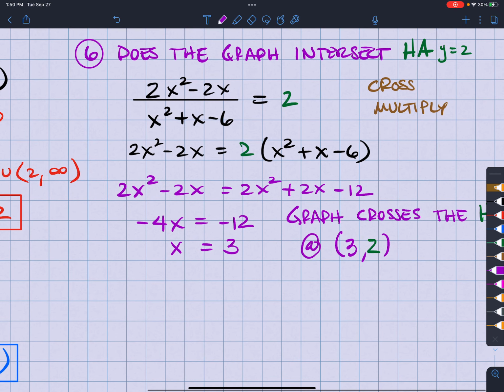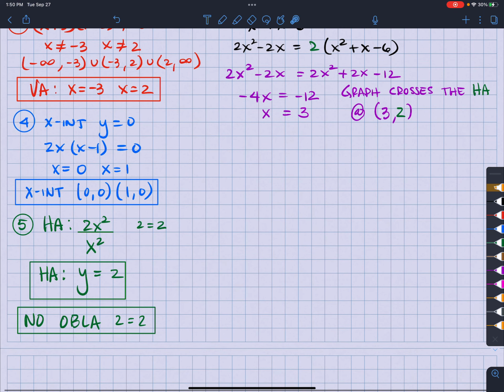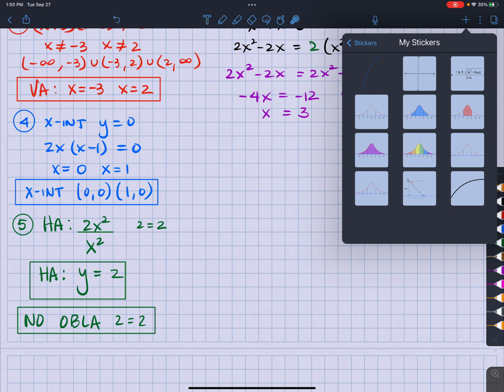Now, the horizontal asymptote is y equals 2, so that's why I put the y value as 2, and here I solve for x, so the x value is 3. All right, so let's go ahead and throw a graph in here.